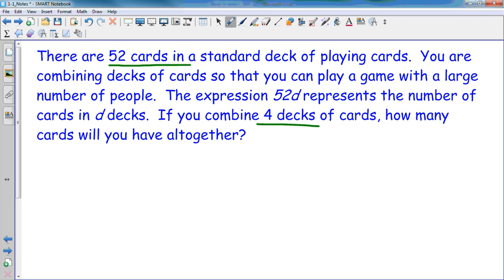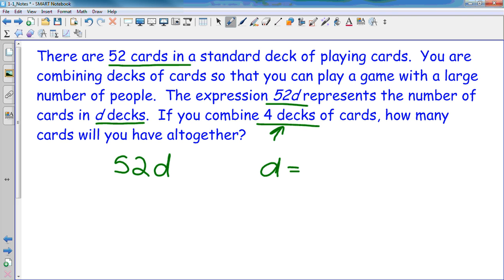It uses D. Yeah, 52 times D, or the D decks. So I have my expression 52D, but do I know what D stands for? In all the other expressions we did, we had D equals. Can you give me a D equals? 4. Yeah, D equals 4 in this case.